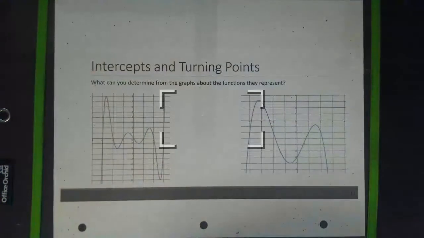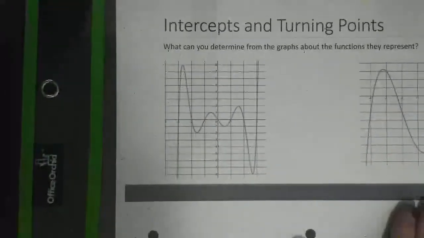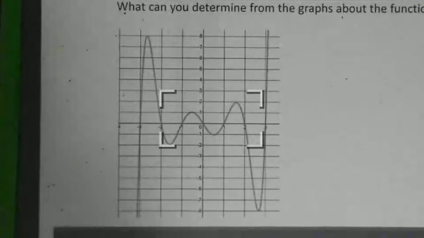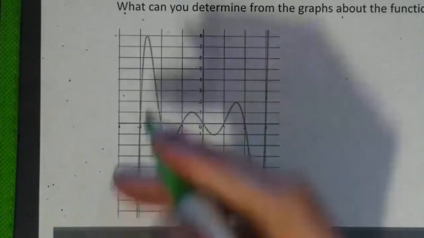So we're going to take a look at two graphs and see what we can figure out about them. Let's zoom in and see what we've got. Let's take a look at our horizontal or our x-intercepts.